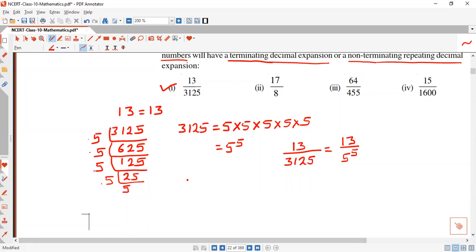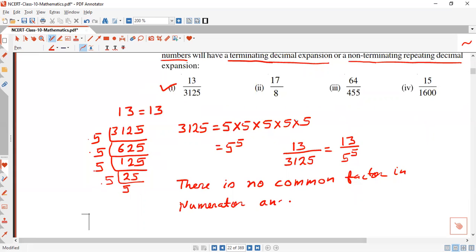There is no common factor. This means 13 and 5 raised to 5 are co-prime numbers.